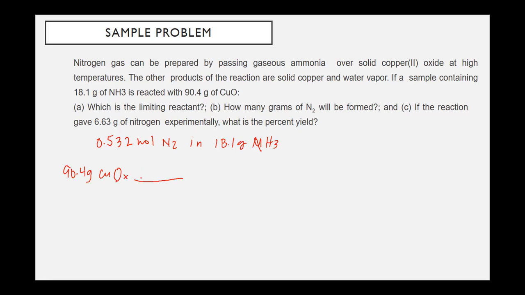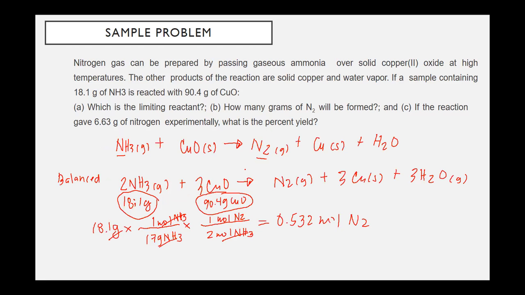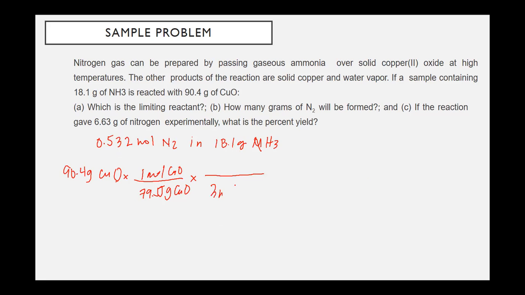So, ang molecular weight ng copper oxide is equal to 79.55 grams CuO. So, base sa ating chemical equation, every 3 moles ng CuO, makapag-produce tayo ng 1 mole N2.